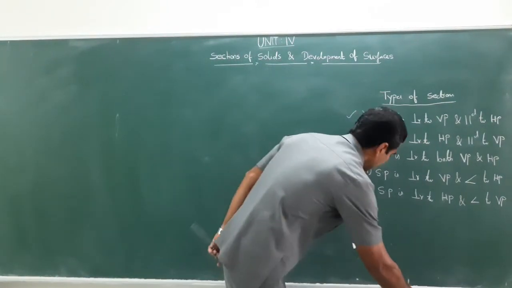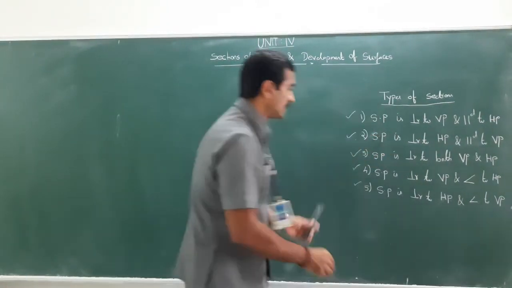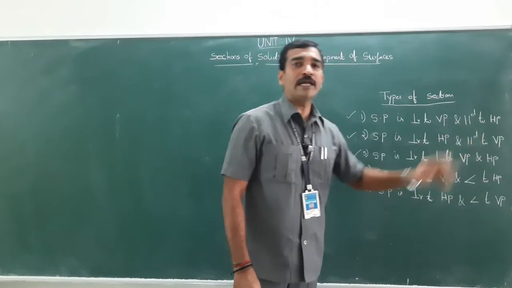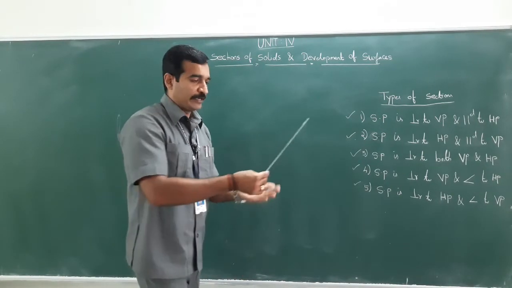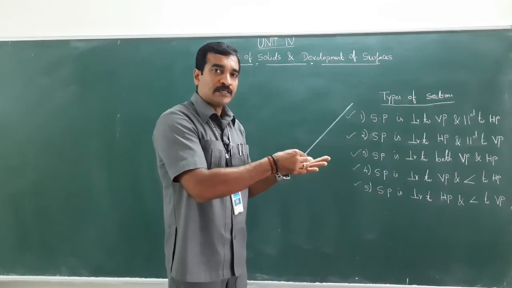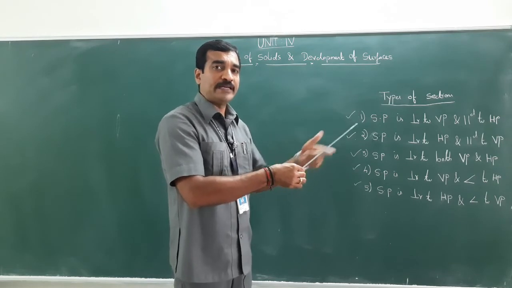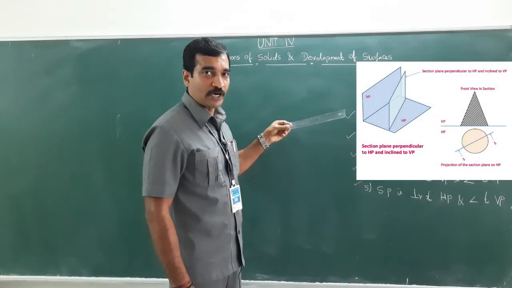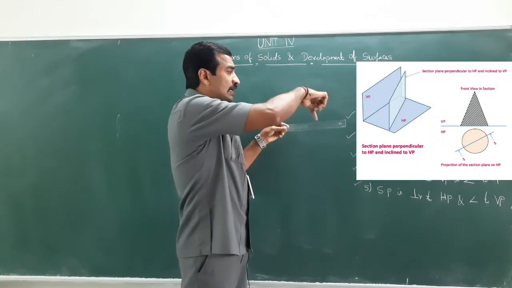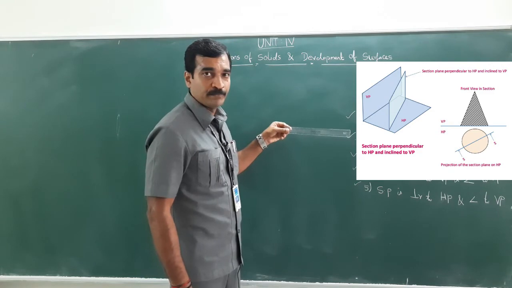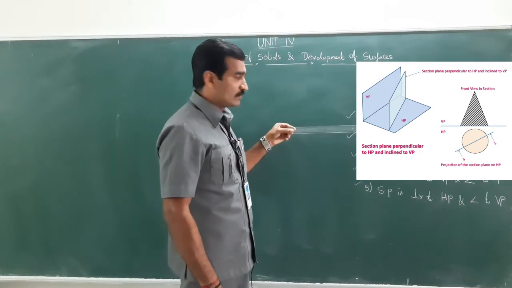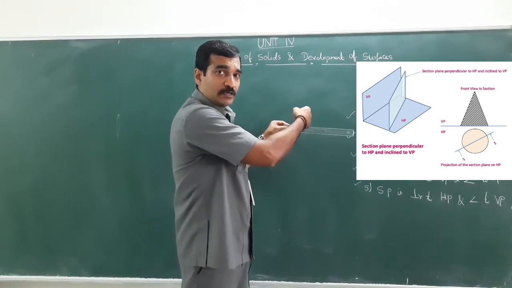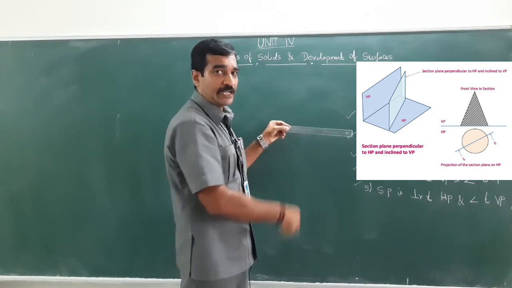Let me just see condition number 5, which is: the section plane is perpendicular to HP and inclined to VP. If I keep the cutting plane in this manner, it is making some inclination with VP. If I make this angle 0, now look at here, the section plane is parallel to VP and perpendicular to HP.